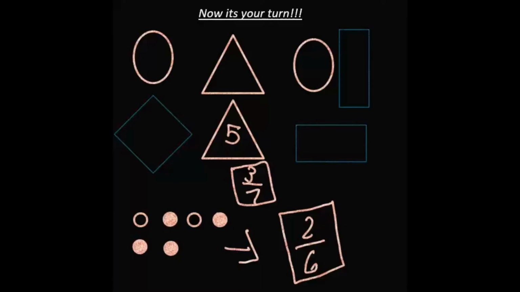So you guys can comment down below now if you got both of the answers right, or if you got one of the answers right, or if you got none of the answers right. If you got none of them, no problem. Keep working. If you got one of them, good job, but keep working. If you got both of them right, then good for you. But still, remember to keep working.